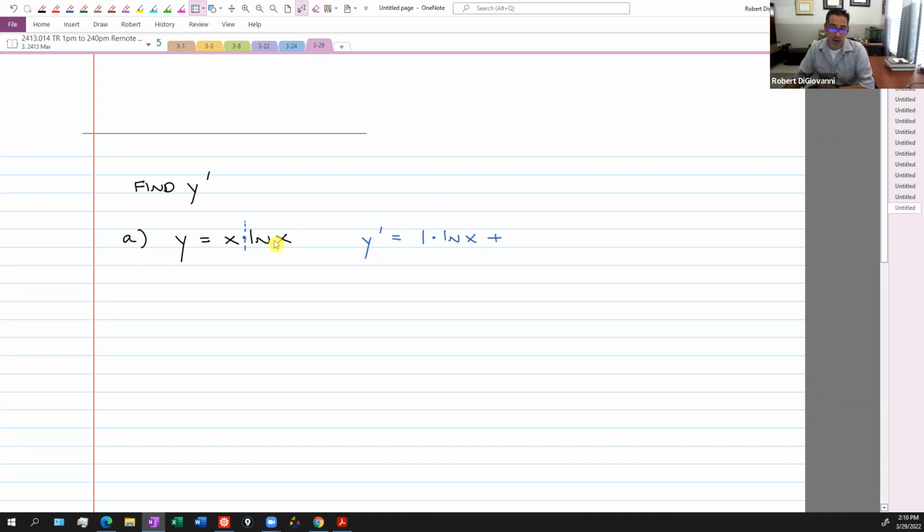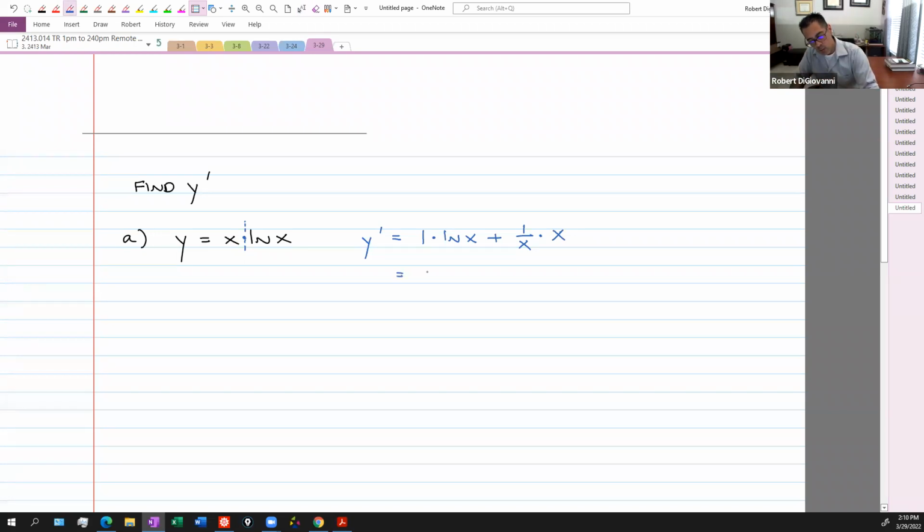What's the derivative of natural log of x? 1 over x. How do you know that? I've memorized it. We just talked about that, right? The derivative of natural log of x is 1 over x. So the derivative of this now is 1 over x, and then finish the product rule off times the first one, x. Everyone see that product rule there?